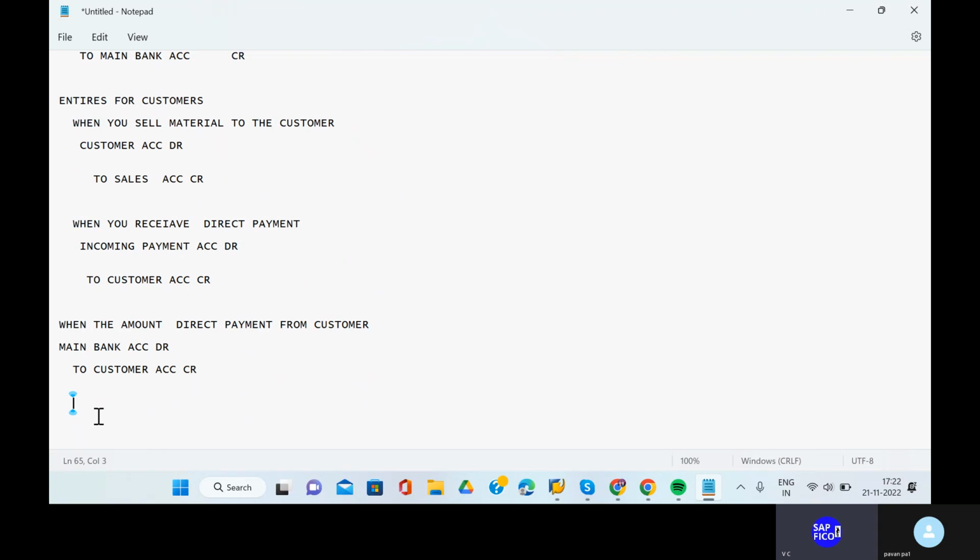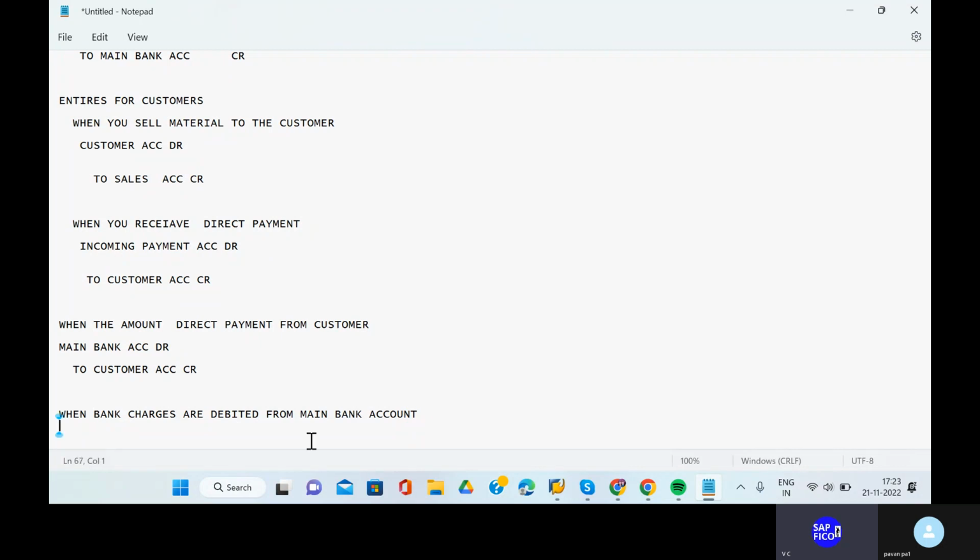So now the point is, when bank charges are particularly debited from your main bank account, what is the entry that you have?